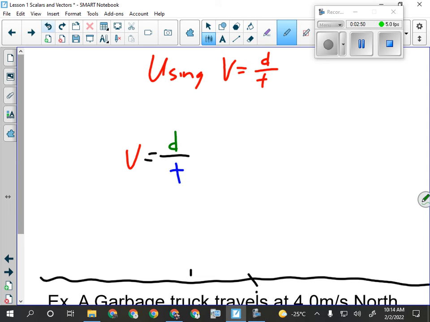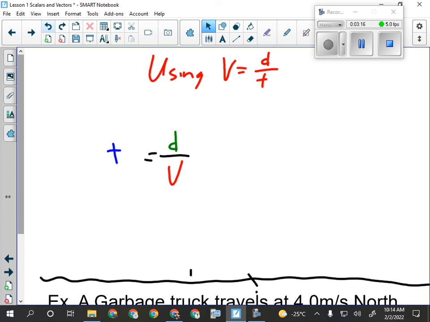So if I want to get t by itself, I first need to make sure it's on the top of my equation by multiplying it over here. And then I take v and divide it over to this side. And now I'm solving for t instead of 1 over t. That makes sense to everybody? We can only solve for something when it's on the top of an equation. So if it isn't there, we need to move it there somehow.